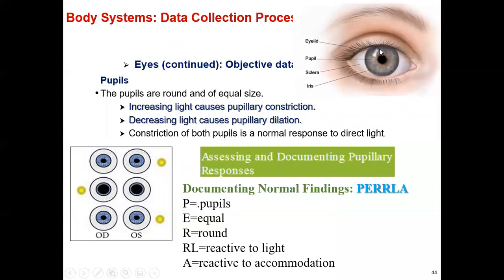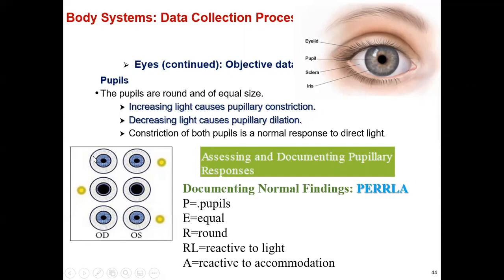Now, in this picture, again, I'm going to show you, the center portion is called the pupil. And the whitish part is called sclera. Objective data: pupils are round and equal in size.